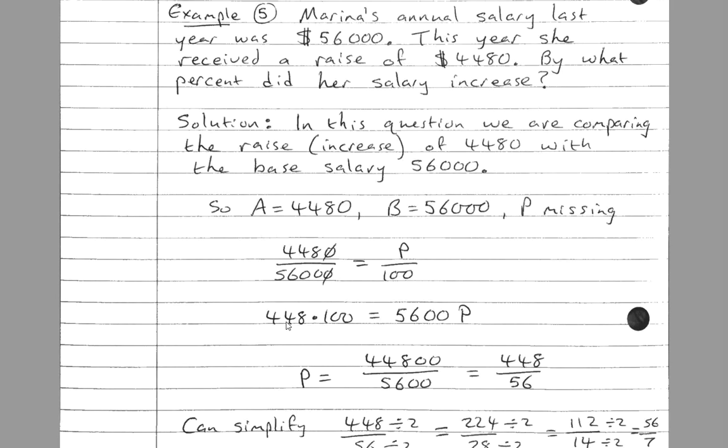Divide both sides by 5,600. So 44,800 divided by 5,600. We can cancel hundreds, so it's 448 over 56.